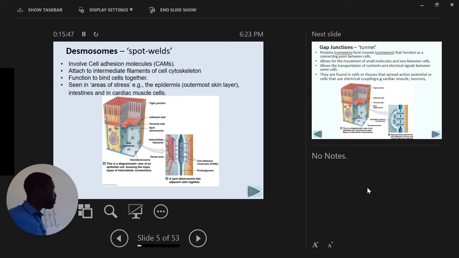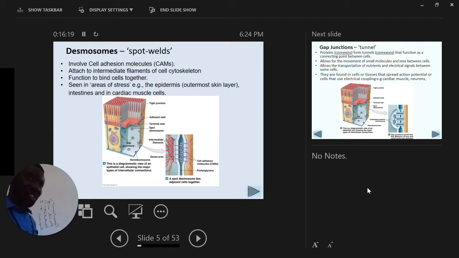Good. Do you have those in your bones or no? Desmosomes also could be. When we say stressed, we are talking about where activities are going on. When you look at your cardiac muscles, you know it is working all the time.